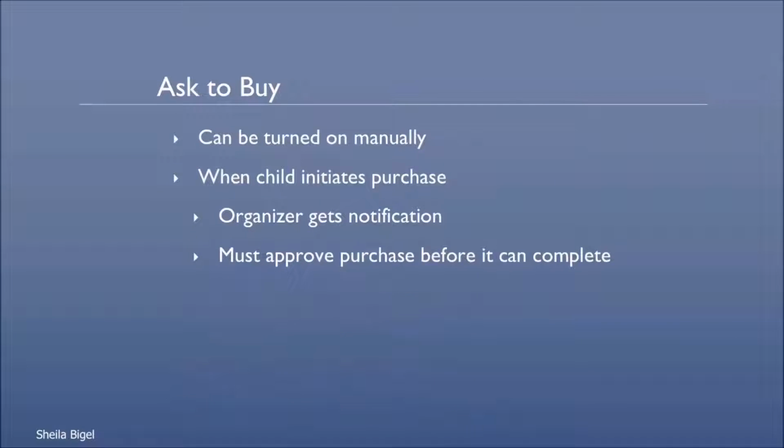Now, there is a feature in family sharing called Ask to Buy, which is useful if you have children as part of the group who you want to share things with. Now, Ask to Buy can be turned on manually. So when a child initiates a purchase, the organizer gets a notification and must approve the purchase before it can complete.